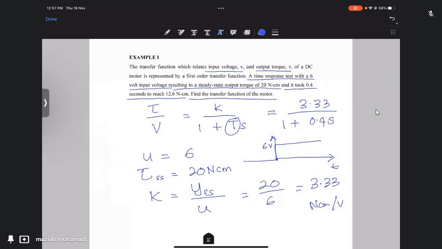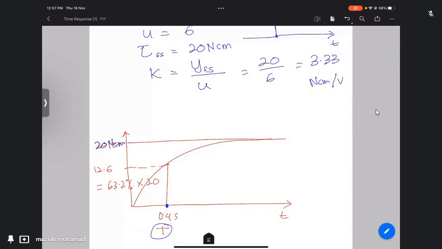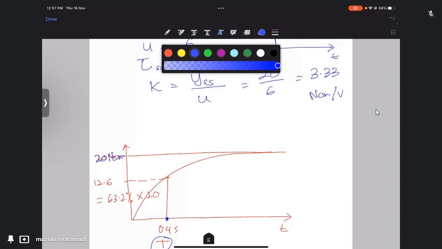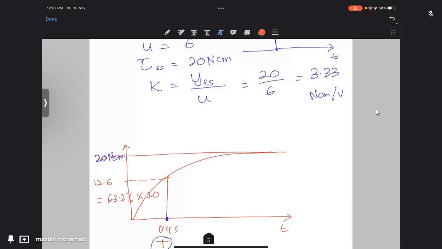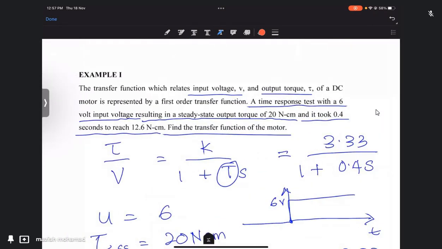How to get T? Okay. Based on this statement here, it took 0.4 seconds to reach 12.6 Newton centimeter.